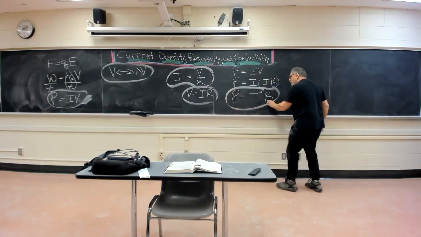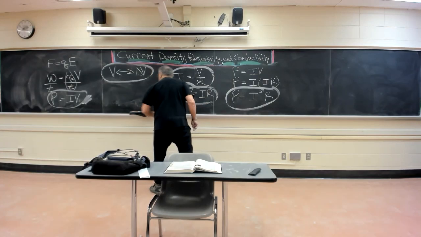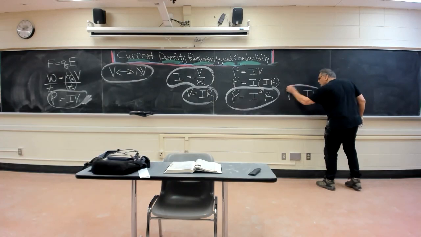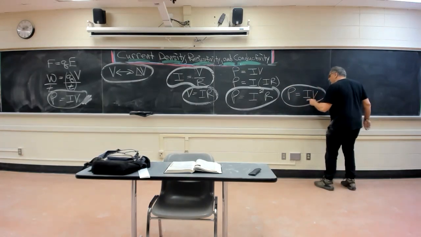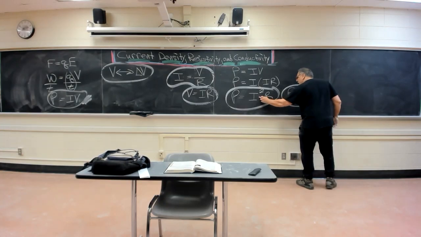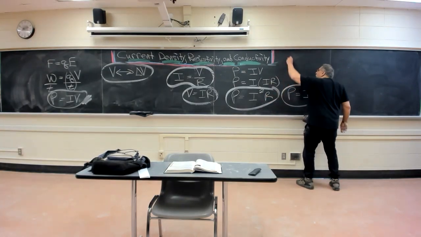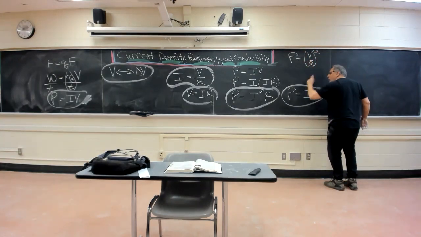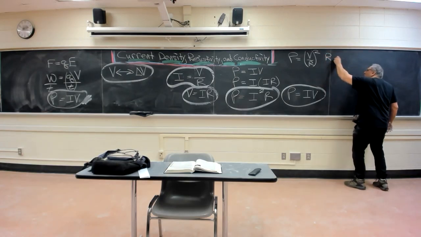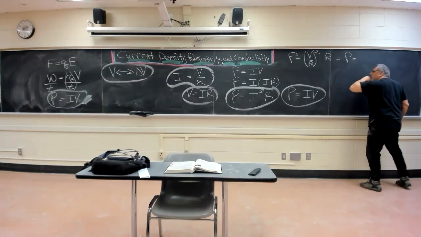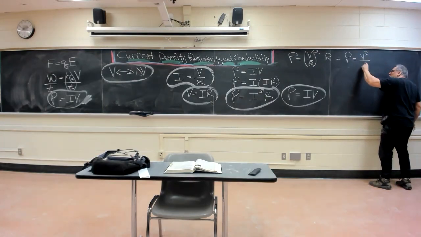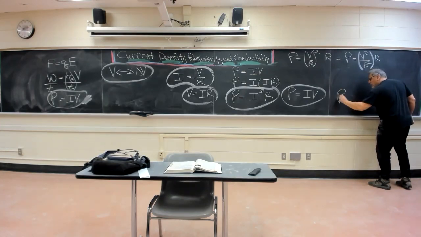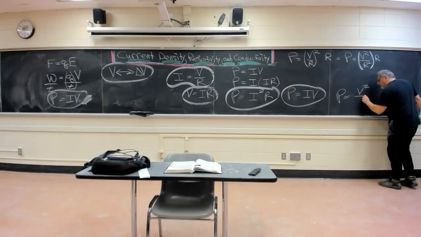So we got P is I squared R, P is IV, and by the way, if I is V over R, you go I squared R, P is going to be equal to V squared over R squared times R. The R's cancel. P equals V squared over R.